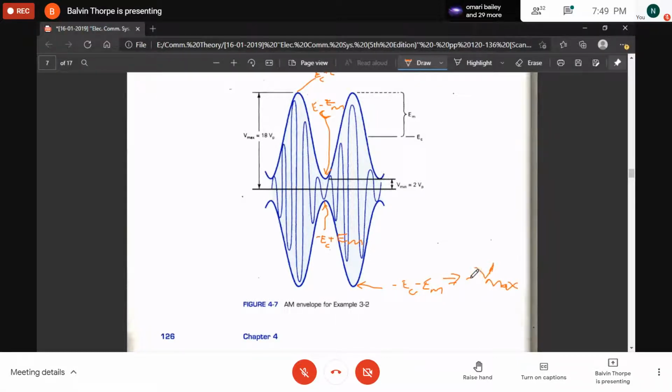So that's what this gives you. This gives you positive V max. And then this right here would be a positive V min, and negative V max. Negative V max right here.